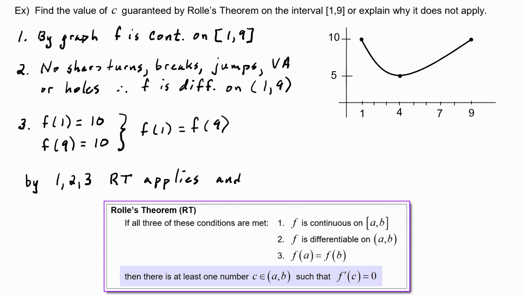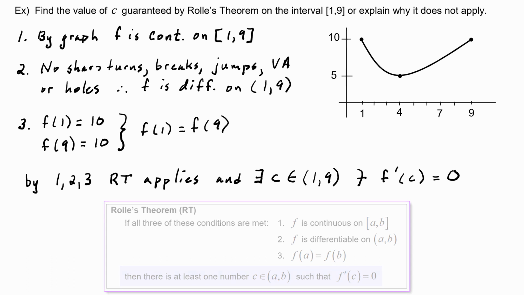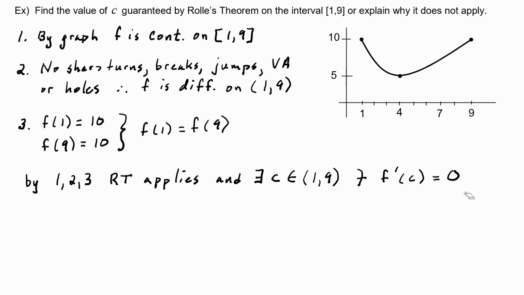And we know there exists c, which is an x value on the open interval from 1 to 9, such that f prime of c would have to equal 0. Now remember, when f prime of c equals 0, that means there has to be a horizontal tangent there.